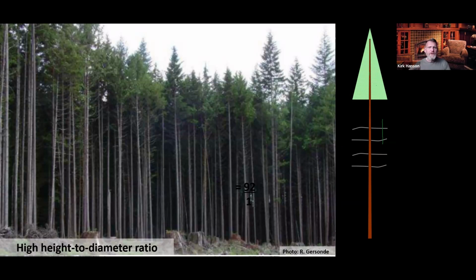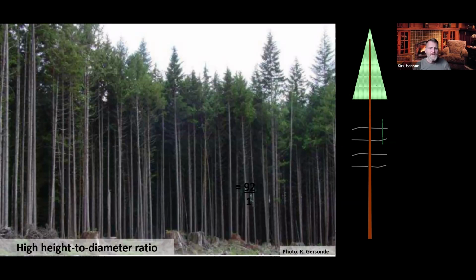Individual trees are competing with each other, so they're all growing up trying to get to the sunlight. And although carbon sequestration is being optimized in a stand like this, timber growth and quality isn't. As the trees remain really small diameter for a long period of time until this stand thins itself out.